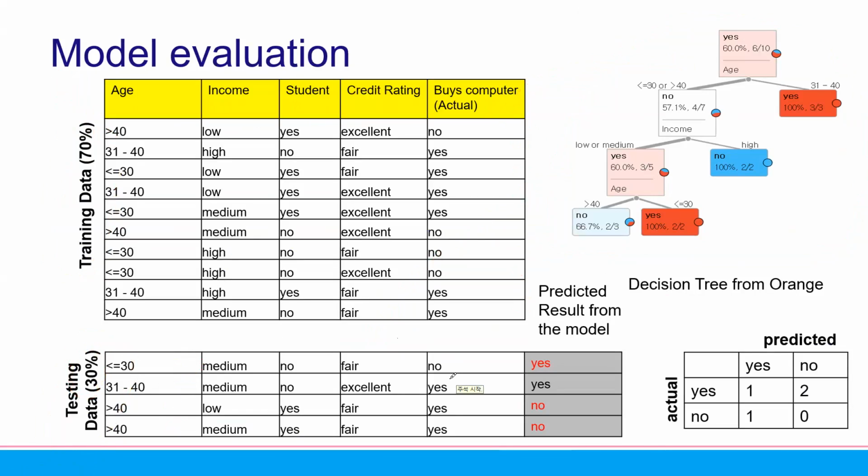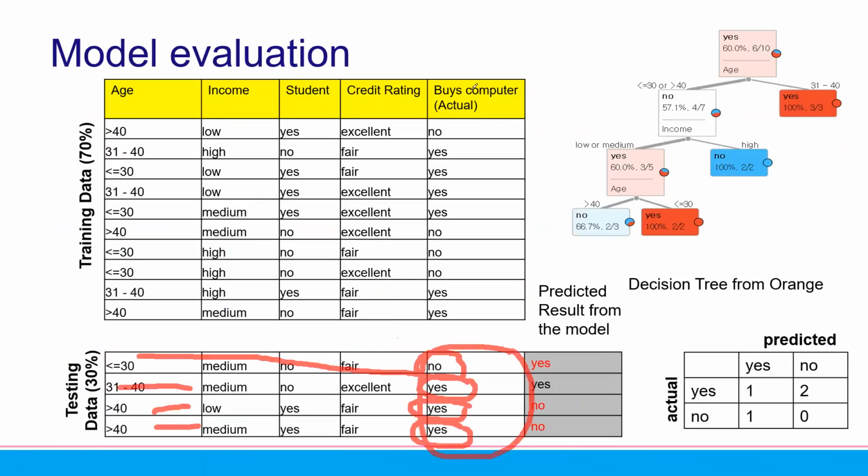We have the information, or we call it the actual data. The actual means, I know in this testing data, this person didn't buy a computer. This person bought a computer. This person bought a computer. This person bought a computer.